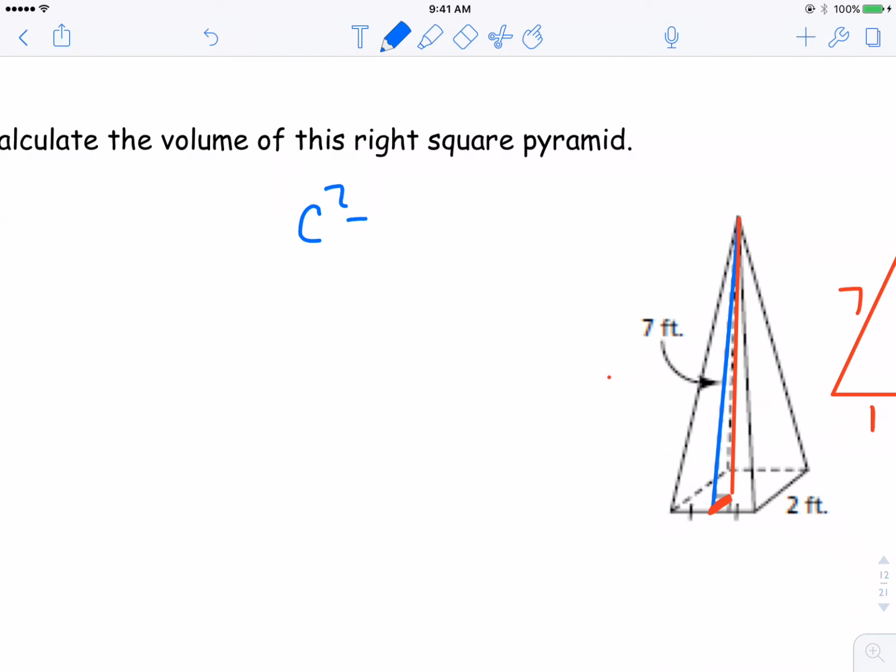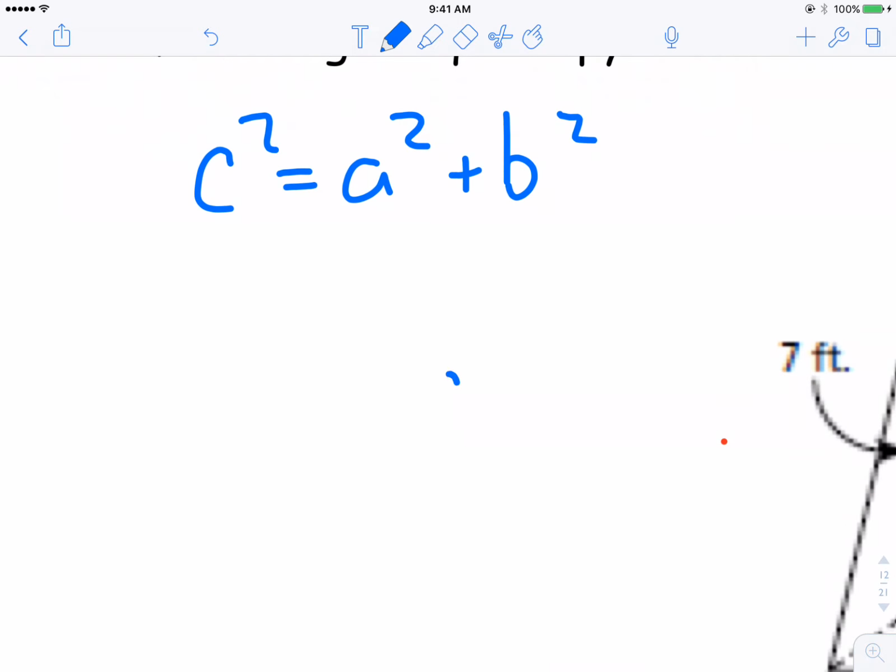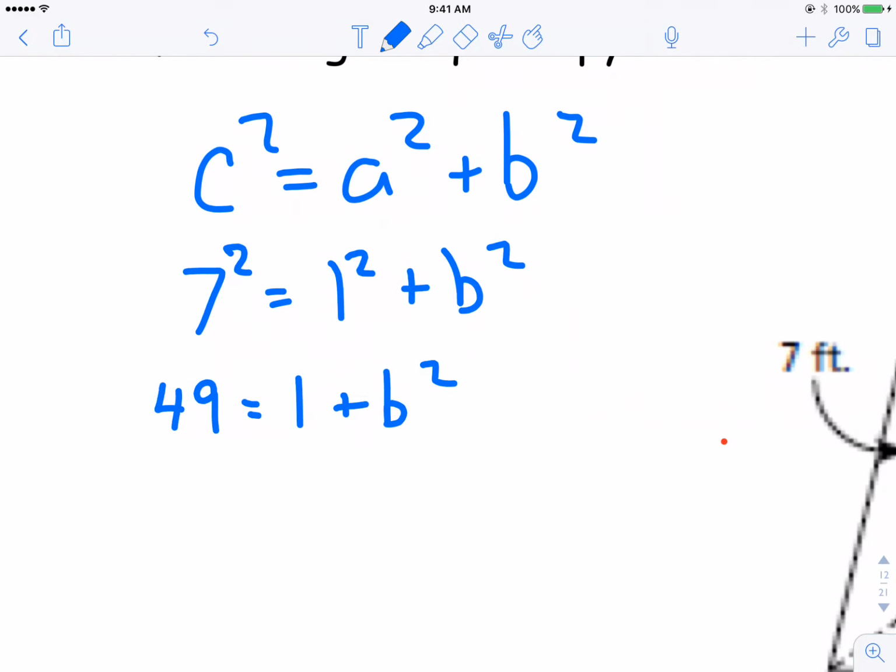C squared is equal to A squared plus B squared. We have the hypotenuse already, which is 7, so 7 squared is equal to 1 squared plus B squared. 49 is equal to 1 plus B squared.